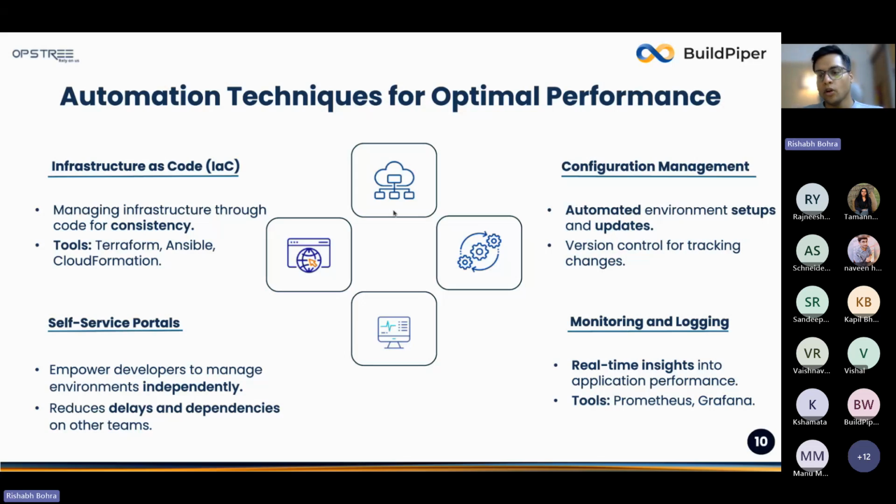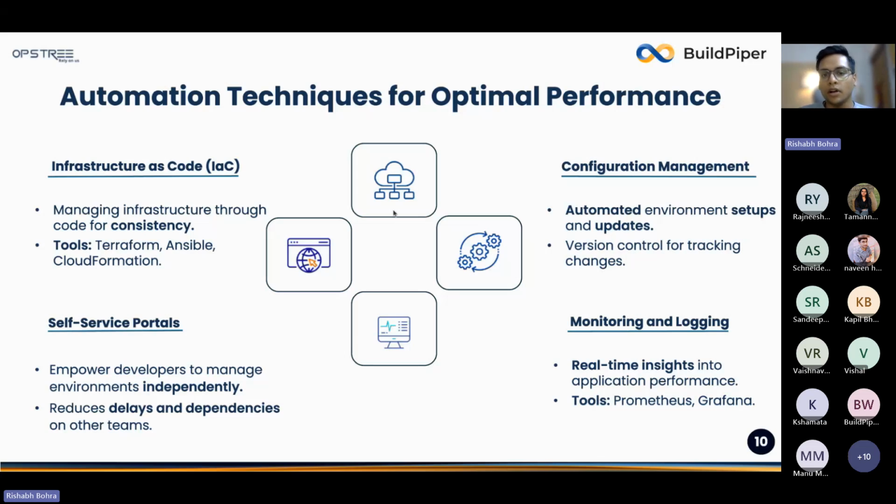The second one is configuration management: automated environment setup and updates, and also version control for tracking the changes. Once you have a configuration management tool like GitHub, GitLab, etc., you have the flexibility of creating pipelines that are automated and can be triggered on the event of a single Git commit onto the respective branches.